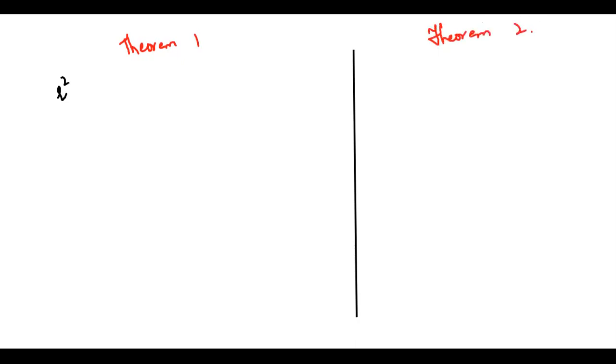Suppose if we have the characteristic equation as, this is how I'm writing it. This is your theorem 1. Theorem 1 and theorem 2.